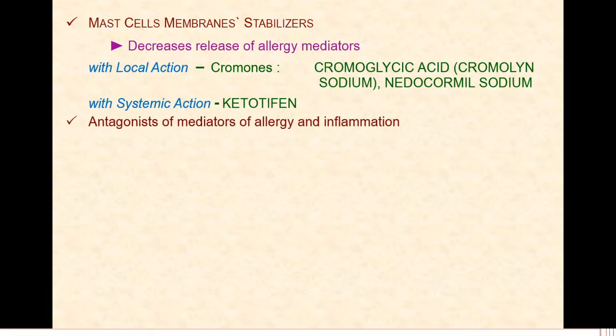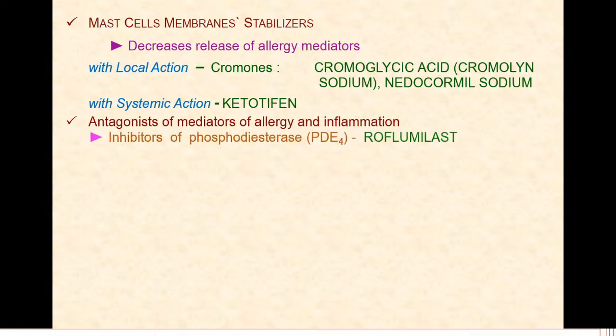Antagonists of mediators of allergy and inflammation. They include the following: inhibitors of phosphodiesterase 4. Phosphodiesterase is a family of enzymes. We distinguish several subtypes, 11 or 12 subtypes of phosphodiesterase.